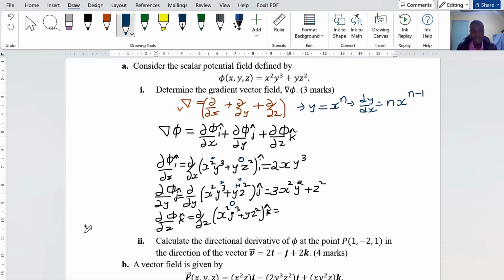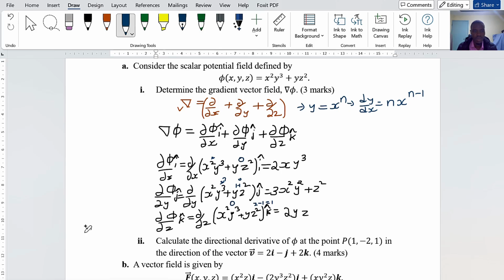On the second term, we have z squared, so 2 times the whole thing first, we get 2, and then z to the power of z. y we don't touch because it is not z, so we write it the way it is. Then z reduces, the power reduces by 1, so 2 minus 1 here is equal to 1.